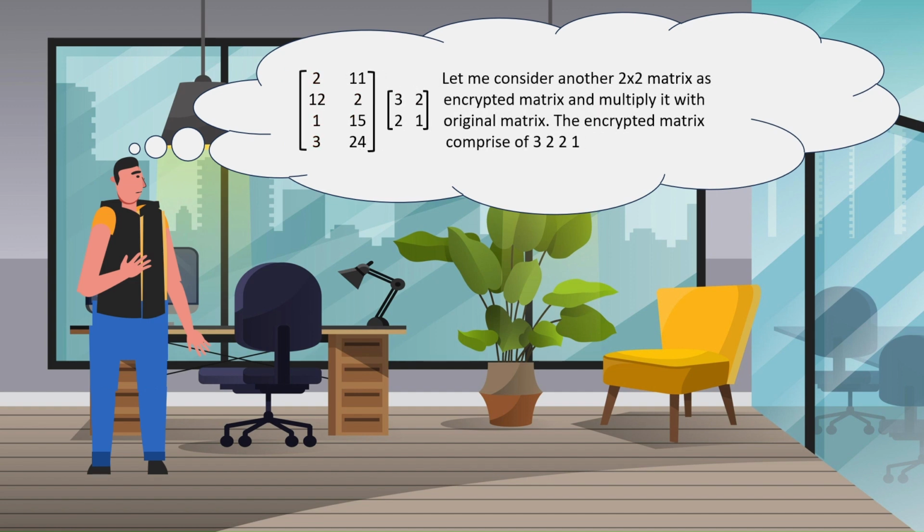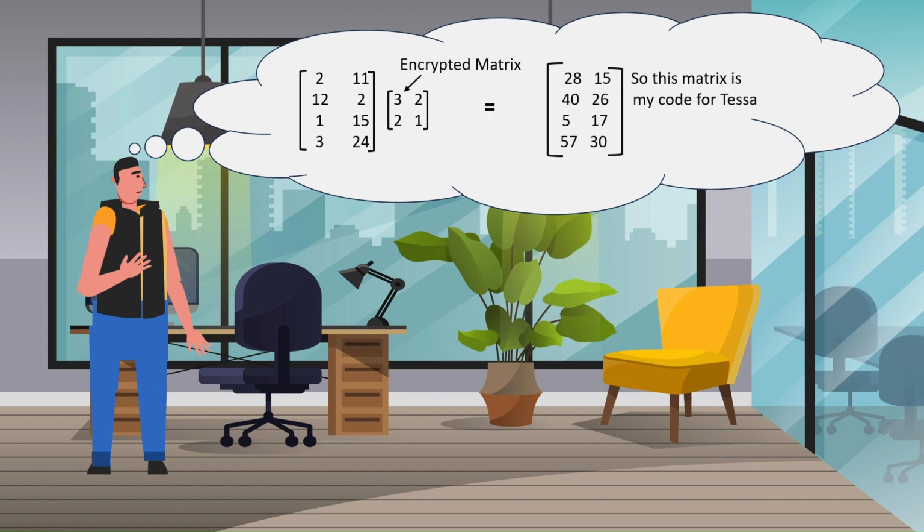Let me consider another 2x2 matrix as the encrypted matrix and multiply it with the original matrix. The encrypted matrix comprises 3, 2, 2, 1. So this matrix, 28, 15, 40, 26, 5, 17, 57, 30, is my code for Tessa.